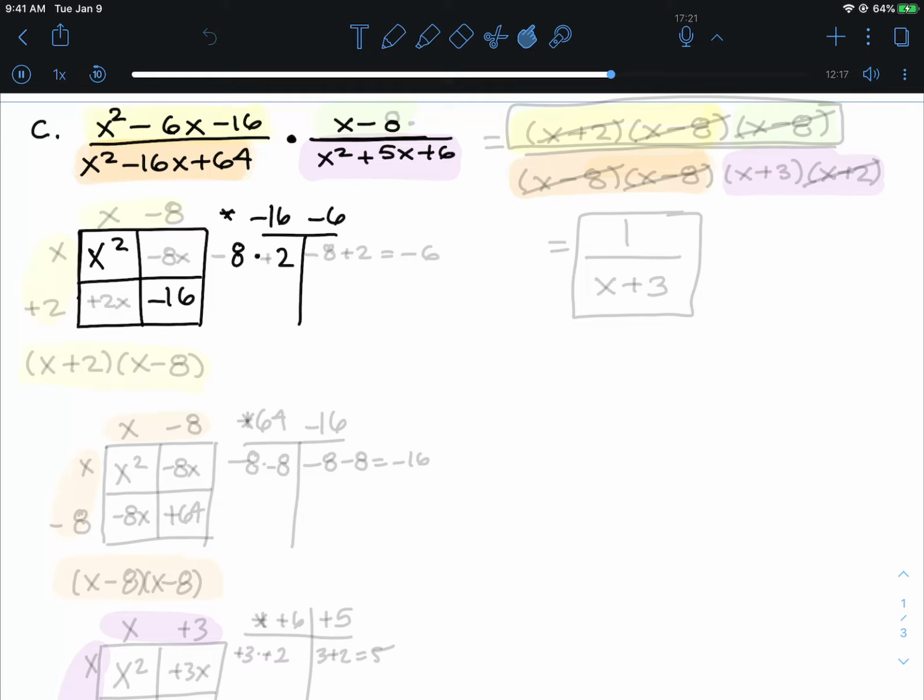But it has to be negative, and I have to get a negative 6, so the negative 8 plus 2 will be negative 6. So I'll get a negative 8x and a positive 2x. X times x is x squared. X times 2 is 2x. And then x times negative 8 is negative 8x. So those right there are my factors to go with this one right here.